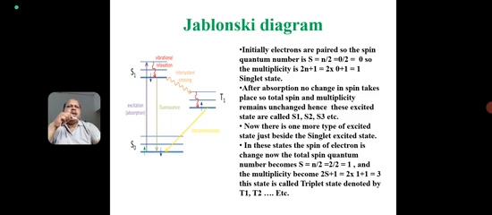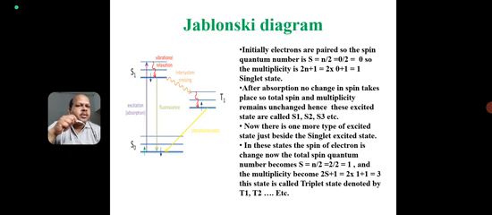As you can see in the diagram on the left-hand side of this slide, at the bottom there are two electrons which are paired. One is in the upward direction and one is in the downward direction.